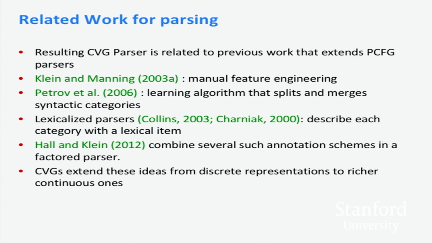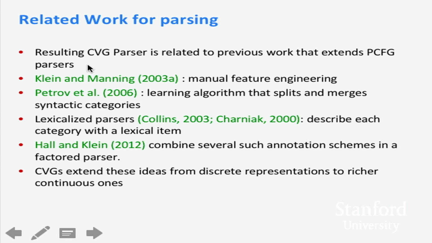And in this class, we haven't really talked about the whole history of doing parsing for natural language processing and the kind of grammars that people built. But in some sense, you can think of this as a generalization of the kind of things that people have been involved in for the last decade to improve the quality of parsers.